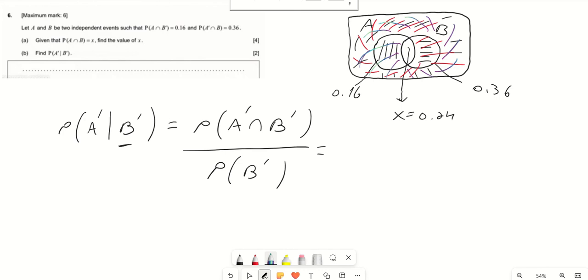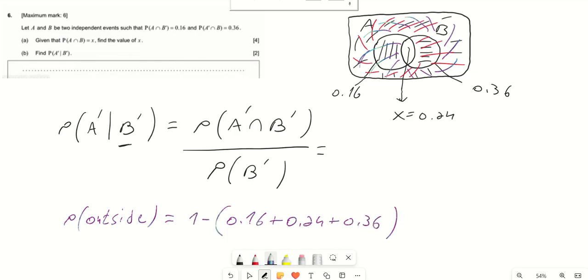And how can we calculate this outside? So we know that, let's write it here, P(outside), it would be, we take everything that we have and we do 1 minus that, because the sum of all the probabilities is 1, and the probabilities of A, B and their intersection are known.